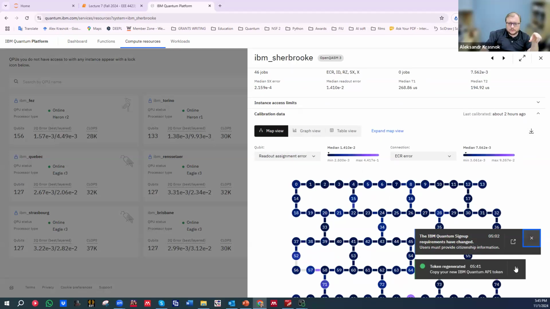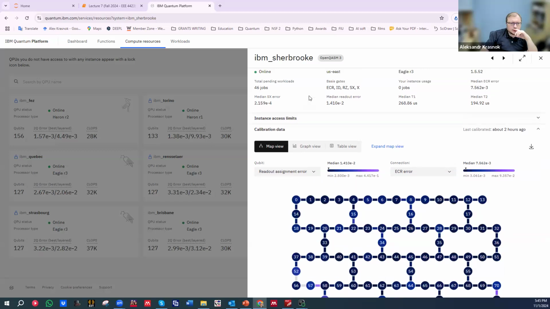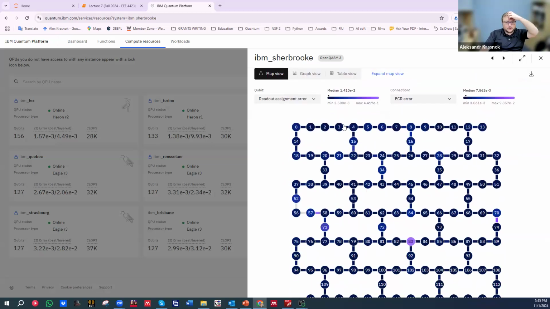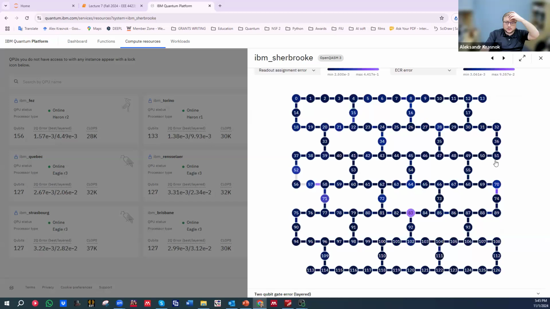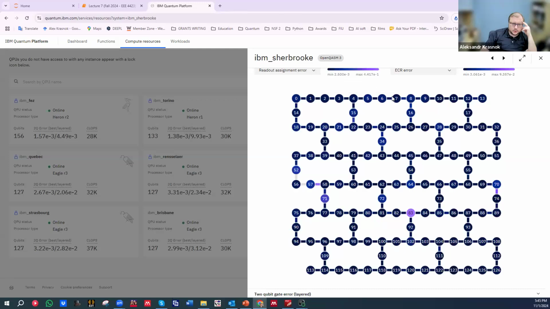If you click on a particular backend, you will see more information about this computer. First of all, this is the computer topology. Each circle here indicates a qubit. You see that the qubits are connected in this chain.